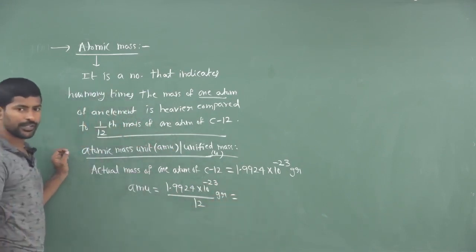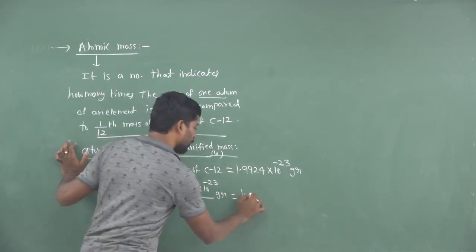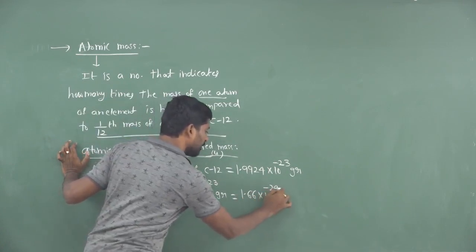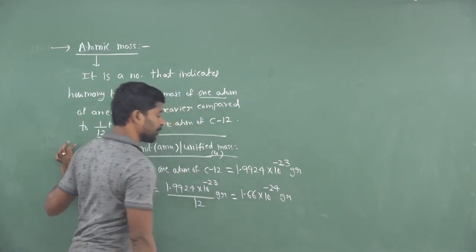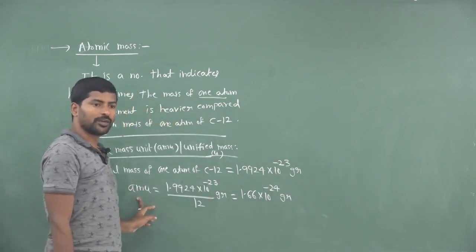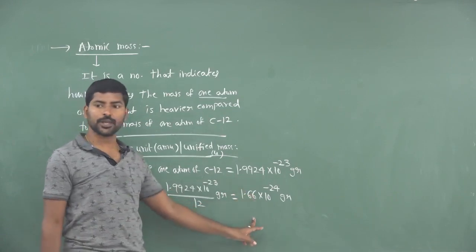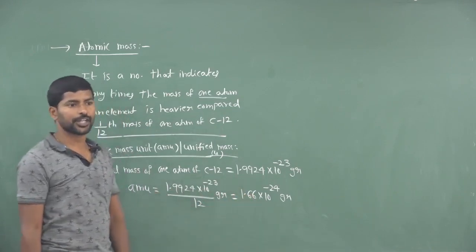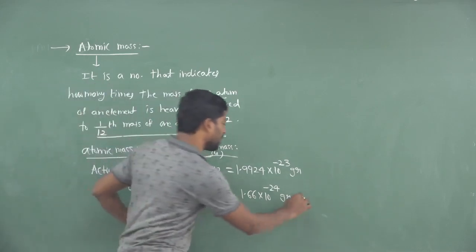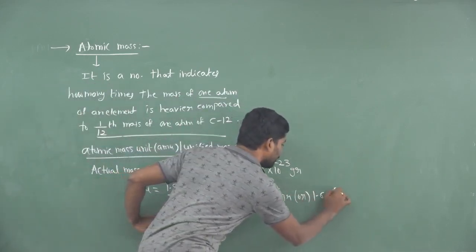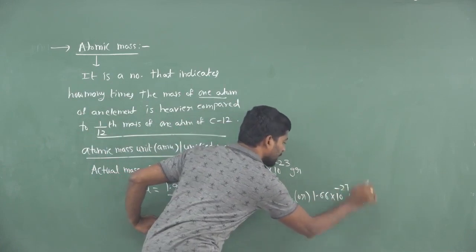If you simplify this, we get 1.66 × 10^-24 grams. So one atomic mass unit is equal to 1.66 × 10^-24 grams, or in kilograms, it is 1.66 × 10^-27 kg.